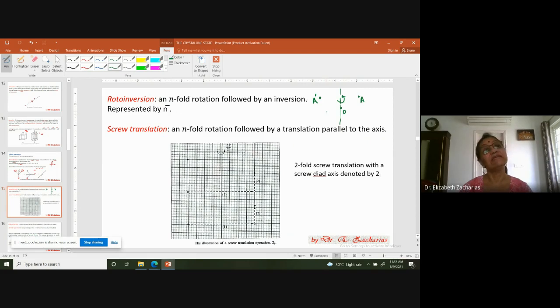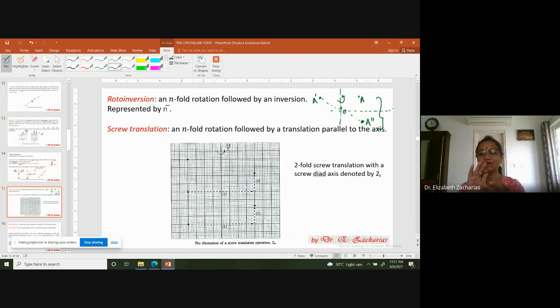But then there is an inversion, not a reflection. If I do an inversion, I get it here. So A rotated to A prime, inverted to A double prime. This is the operation. And you can see that this operation could as well have been just a reflection. So this is roto inversion.